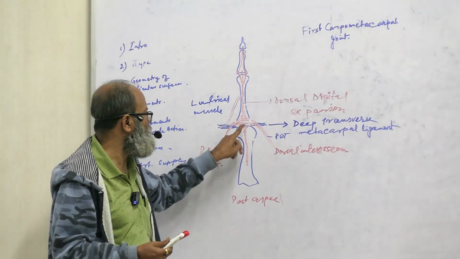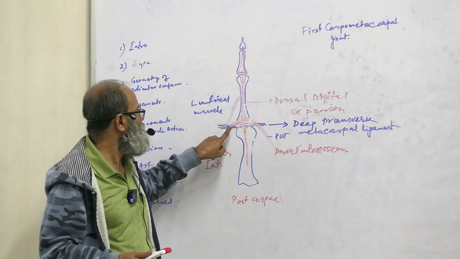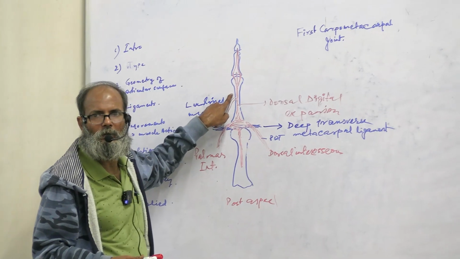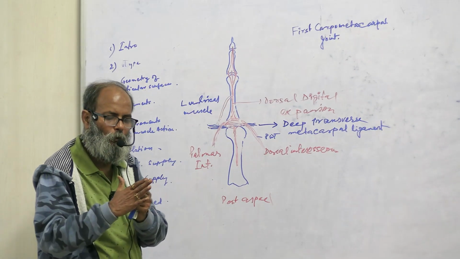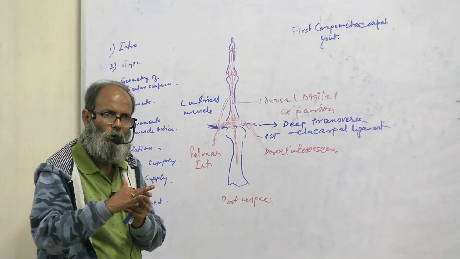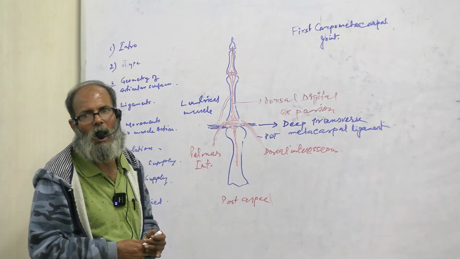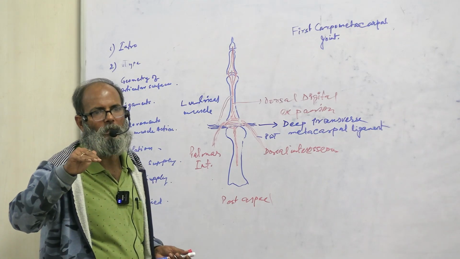Considering this joint, which pull will be greater, the nearest muscle action or the distal muscle action? Definitely this one. This is able to pull much more than this proximal tendon. So lumbricals are much more potent flexors of the metacarpophalangeal joint.